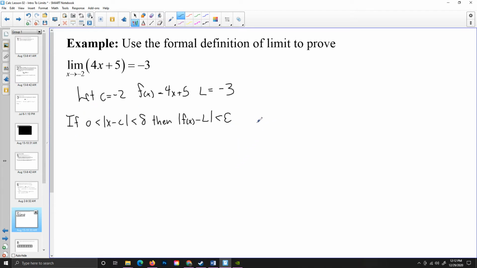So now we're going to substitute the values that we know. By substituting in, we'll get 0 less than absolute value x, and then it's minus -2.